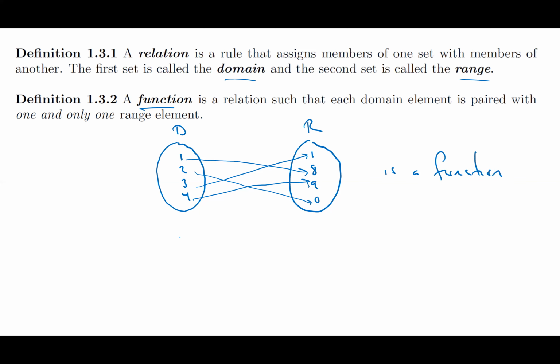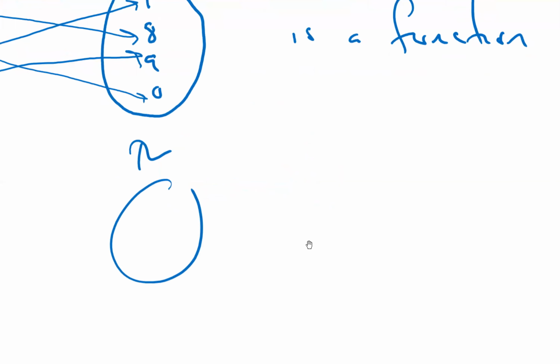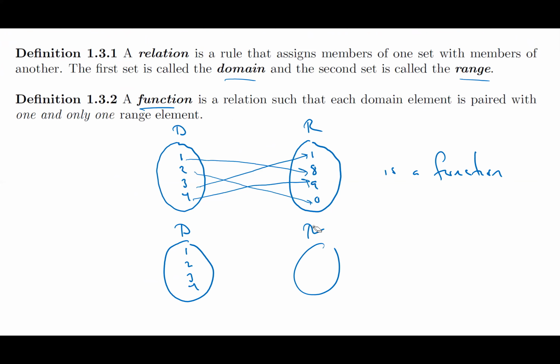If, on the other hand, my domain, whoops, or 1, 2, 3, 4, and my range was 1, 4, 0, 3, and I had 1 going to 1, 2 to 4, 3 going to 0, and 3 going to 3, maybe 4 goes up here to 1.